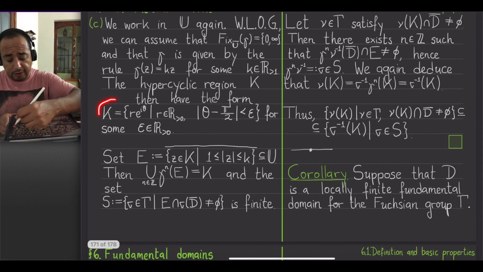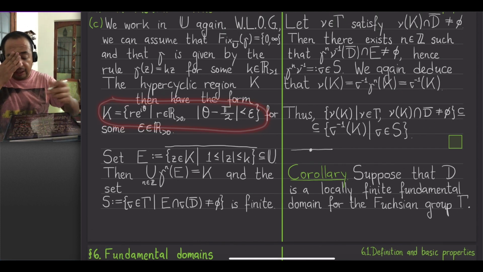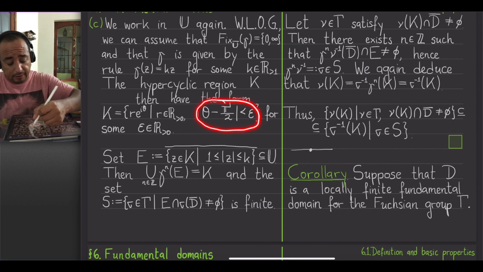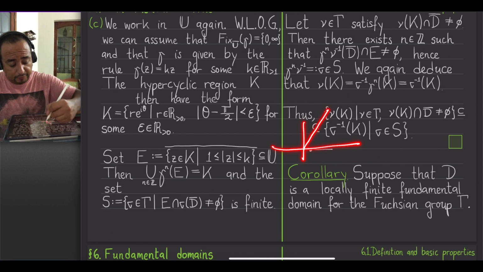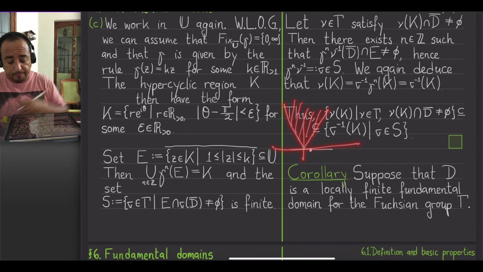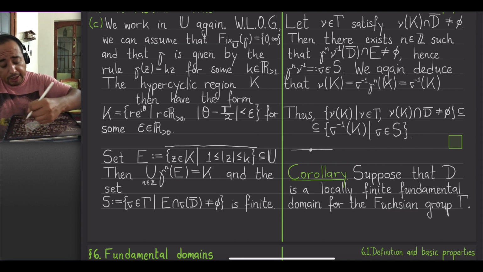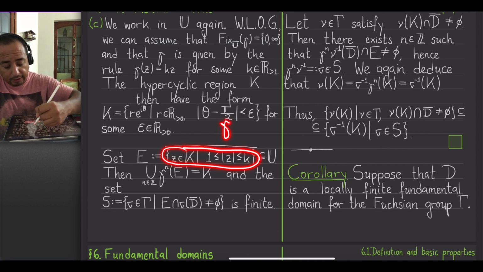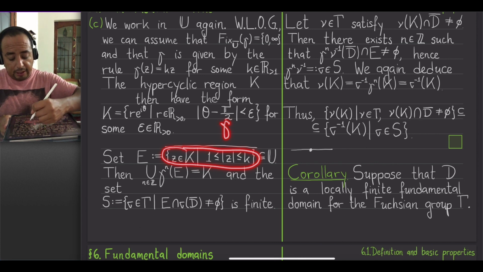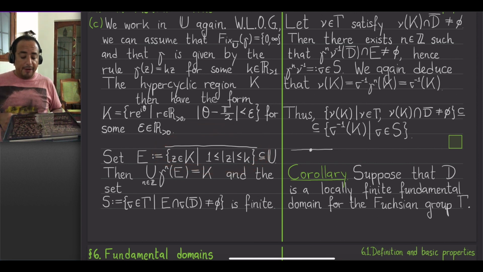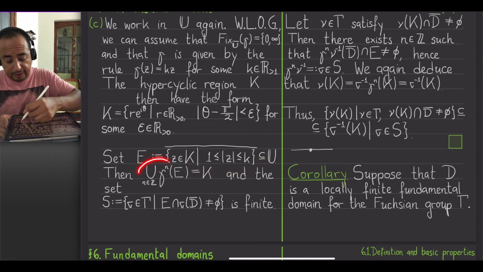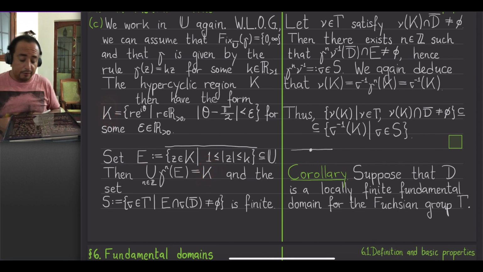Okay, and I'm just going to take the hypercyclic region symmetric with respect to the imaginary axis. Well, okay, but now the point is, I take a fundamental domain for the action of the subgroup generated by gamma in the hypercyclic region, close it, so I have a compact set with the property that the translates by powers of gamma cover the whole hypercyclic region. This is obvious.